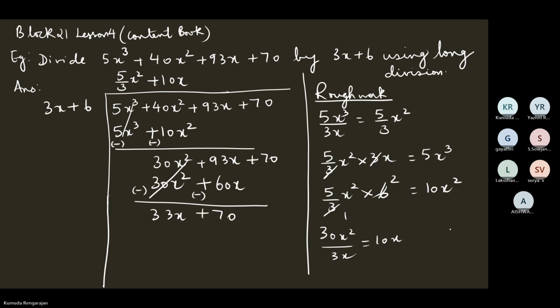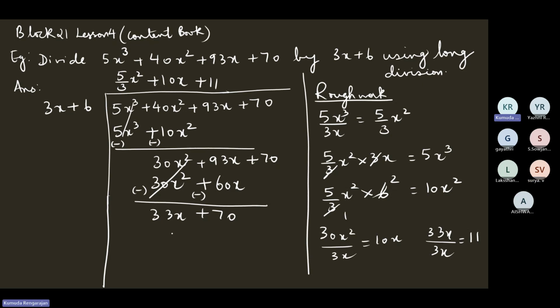The next step. Now, Surya, can you tell us the next step? Yes, ma'am. Now it is 33x by 3x. What's the result? 11, ma'am. So plus 11 in the quotient. Next, you'll have to multiply 11 with every term in the divisor.